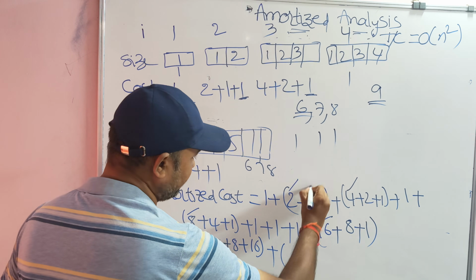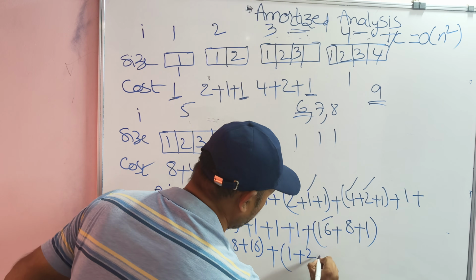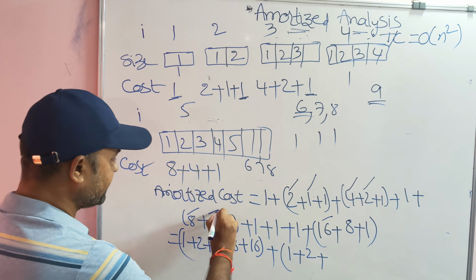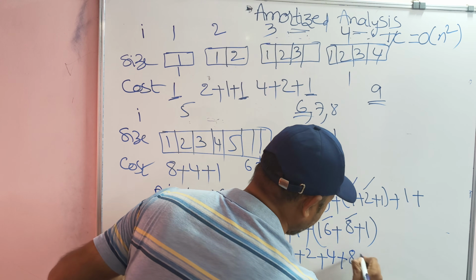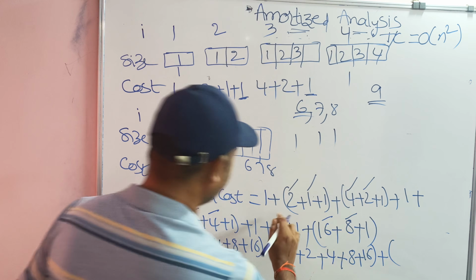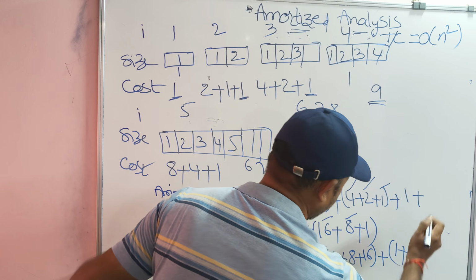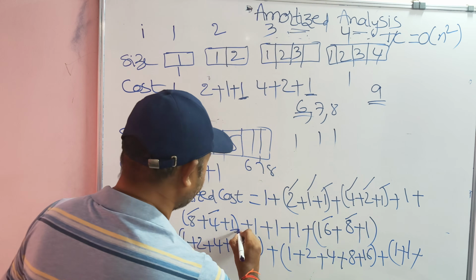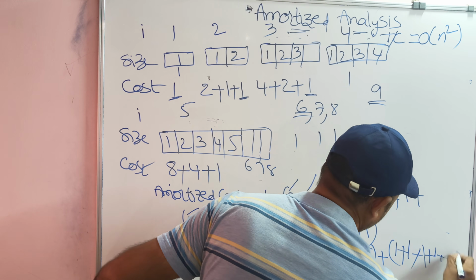Here the second term is 1 plus, here 2 plus, here 4 plus, here 8 plus, next we will get 16 plus. If we take the last value, here we have 1, last value 1, last value 1, last value 1, and so on.